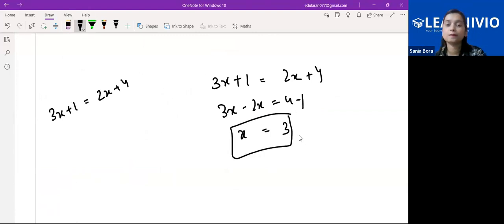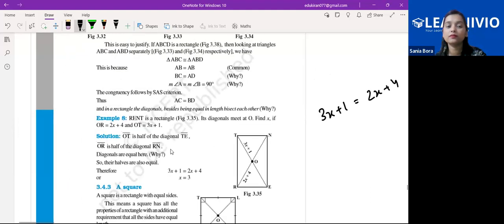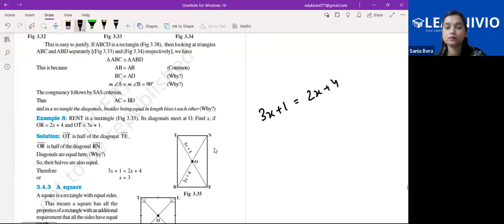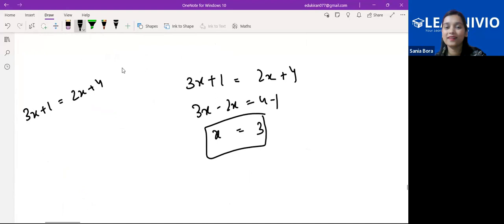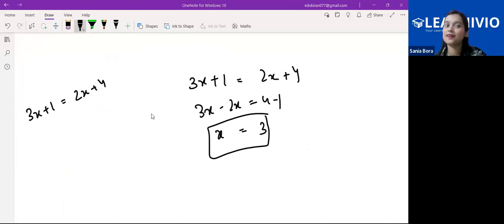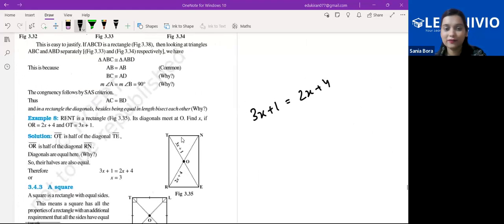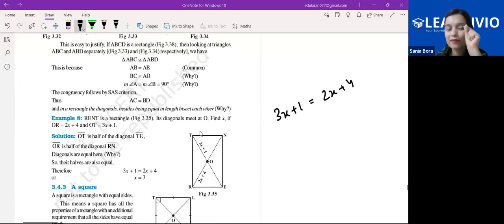Everybody? I wrote the question wrong. I wrote 3x minus 1, not plus 1. You have to be very careful because one plus or minus mistake changes the entire answer. x was 14 for me. So be careful. Okay?